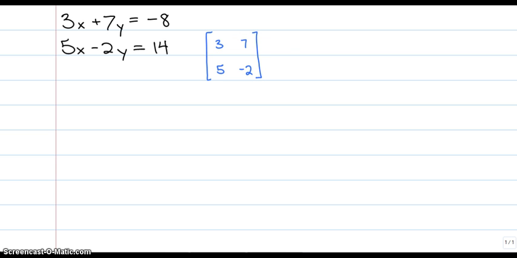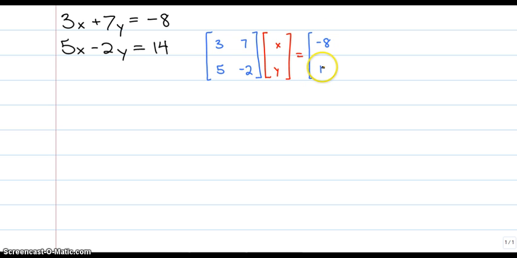The major difference is, instead of setting up all these different matrices, I'm really just going to have two. And in these two matrices, the first one is all the coefficients, and the second one is going to be just the answers.